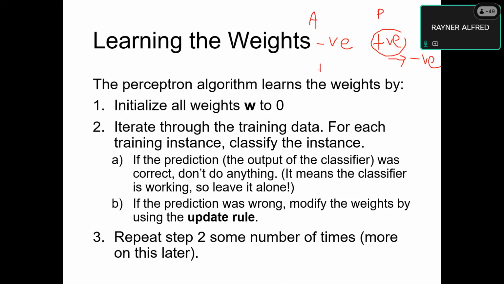If the actual instance is positive but predicted as negative, you want to use the update rule to move this one to be positive. Okay. So we will repeat step two some number of times, depending on how many misclassified or correctly classified samples we have.